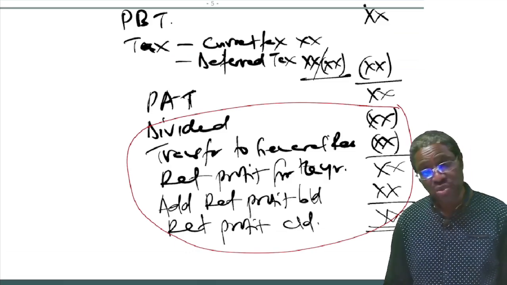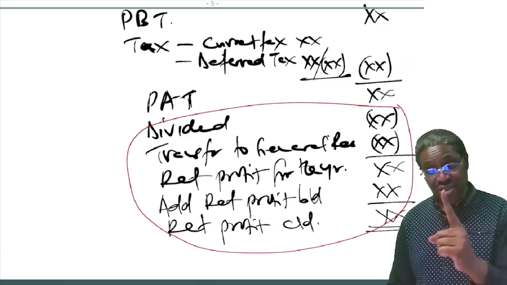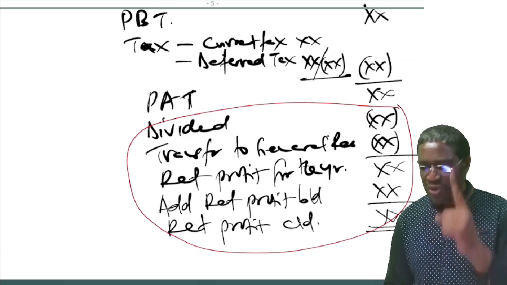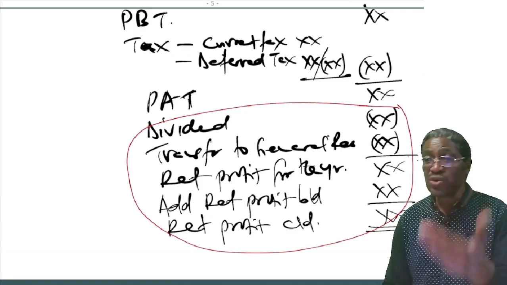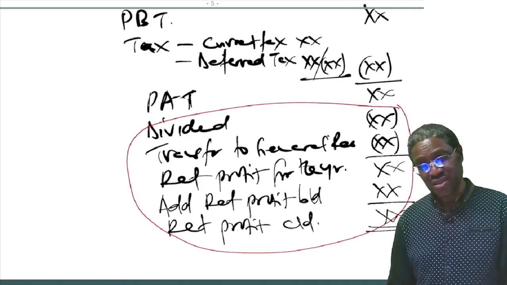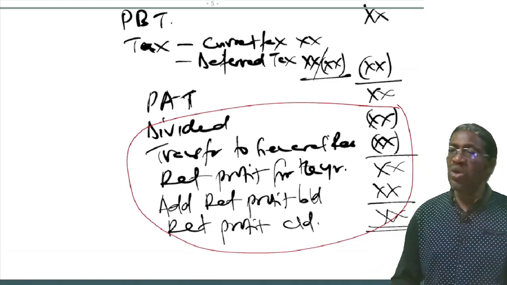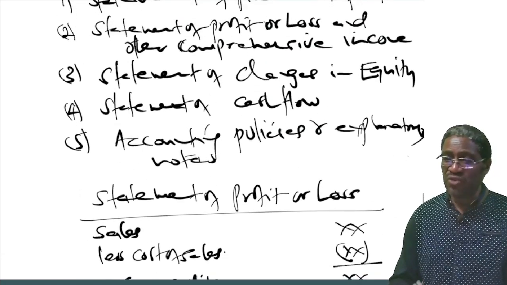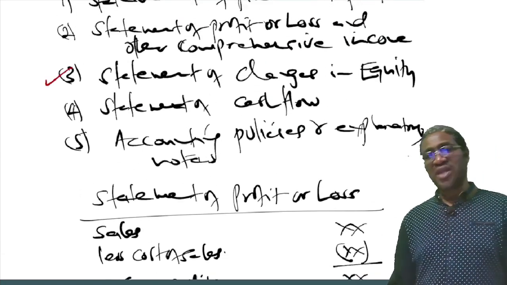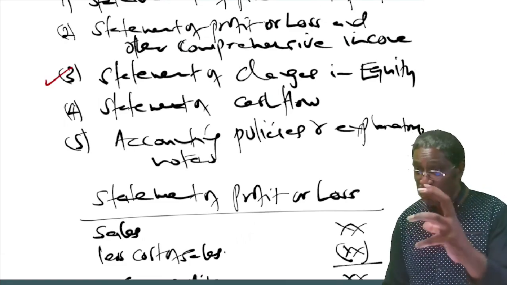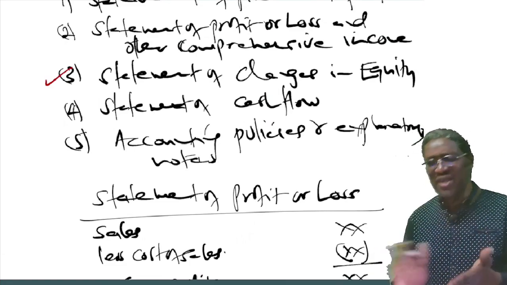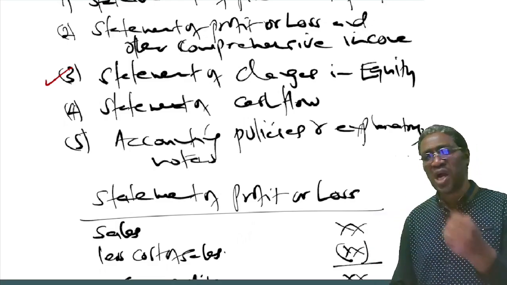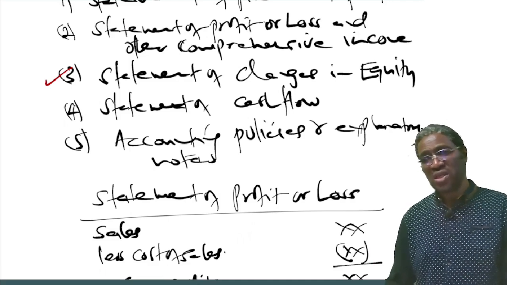But for publication purposes, the requirement is that you do not show the appropriations of the profit on the face of the income statement. All these appropriations will be done in the statement of changes in equity. It is there that you will appropriate the profit, with the same things: dividends, transfers to reserves, retained profit brought down, retained profit carried down.